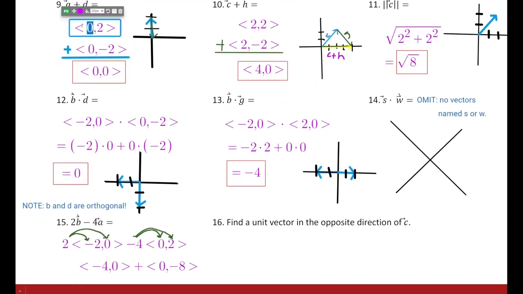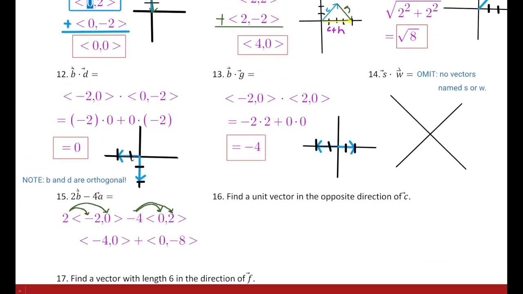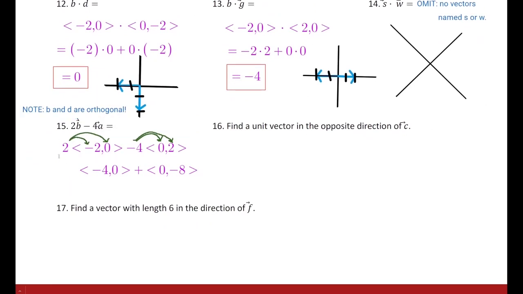I was showing you this stack as a way to organize your work, but hopefully at this point you can see which components to add up so that I don't have to rewrite it like that. You have -4 plus 0, which would be -4, and you have 0 plus -8, which is -8. So the resultant vector here would be <-4, -8>.